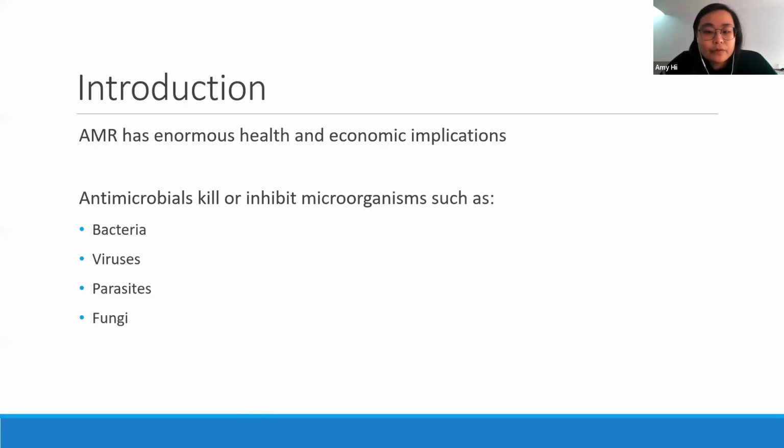So antimicrobial resistance, or AMR, is a global public health threat that massively increases healthcare costs and reduces economic output. Antimicrobials are used in the treatment of various medical conditions where they kill or inhibit microorganisms such as bacteria, viruses, parasites, and fungi.